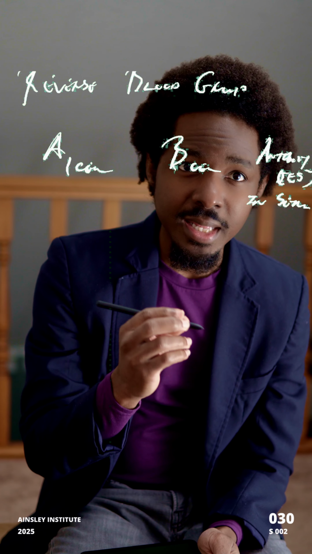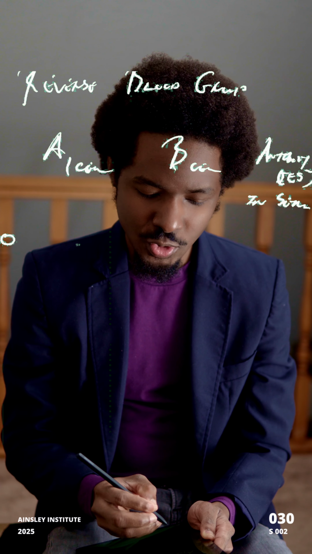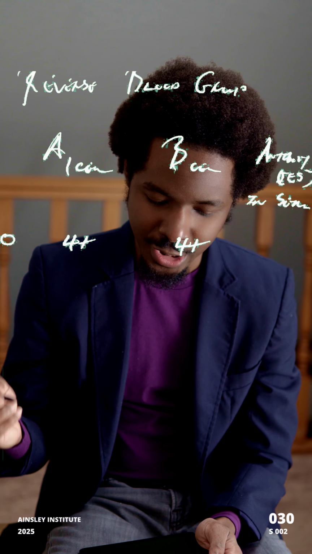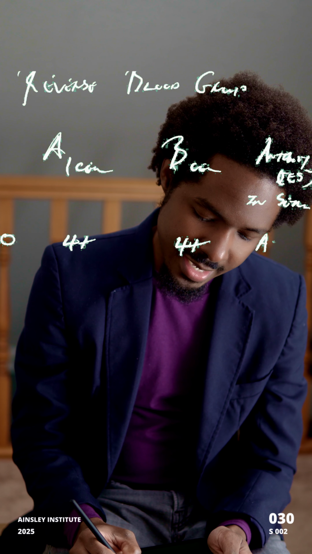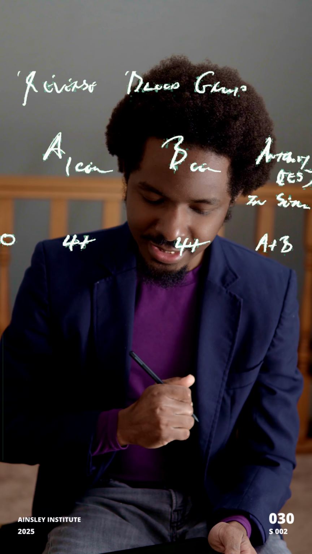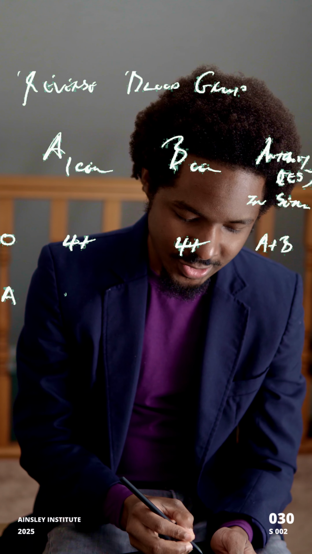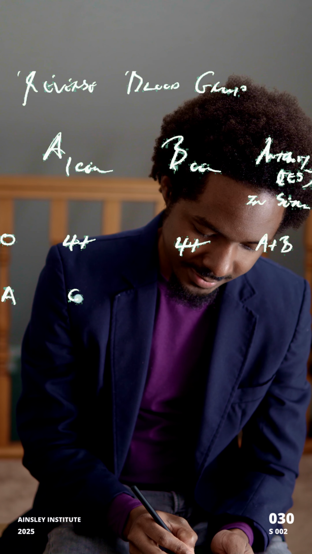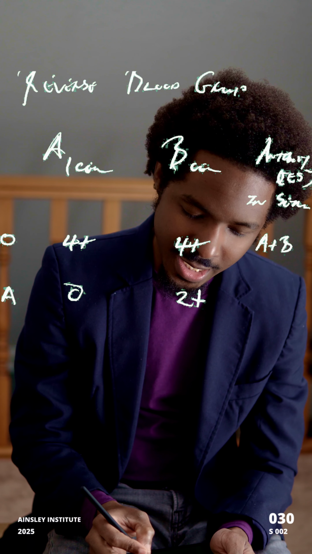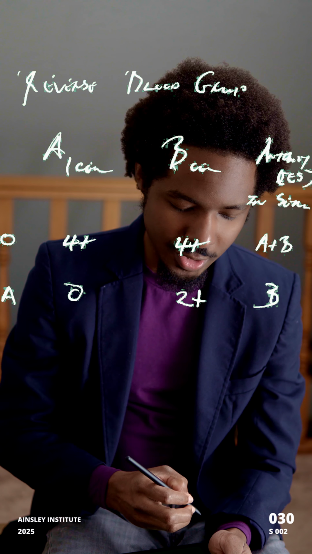So the person is O. We're expecting to have a 4 plus reaction in the A cells, a 4 plus reaction in the B cell, because there are A and B antibodies in circulation. A person who is A, we're expecting no reaction with the A, but we're expecting some form of reaction with the B, because there is B in circulation.